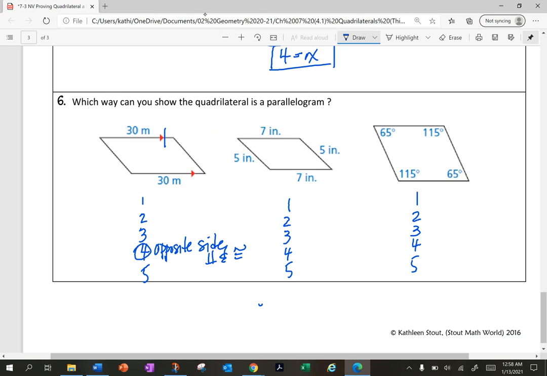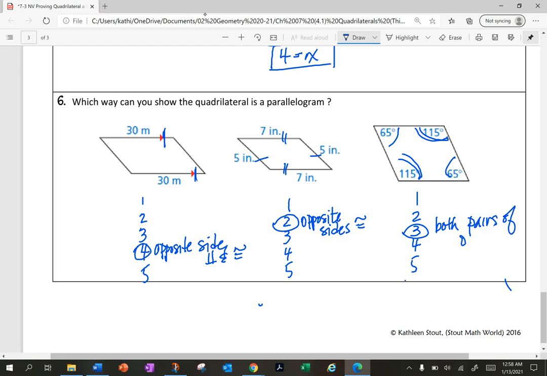This is showing me 30 and 30, so there's my parallel and congruent. Here I have property number 2, both pairs of opposite sides congruent. And this one is talking about the angles, so my opposite angles are congruent, so this is property number 3, both pairs of opposite angles congruent.